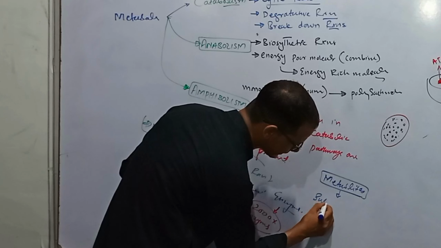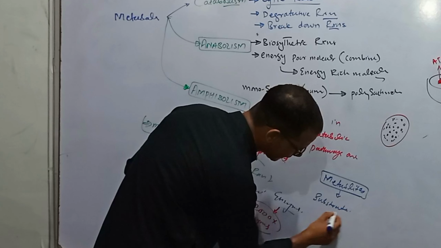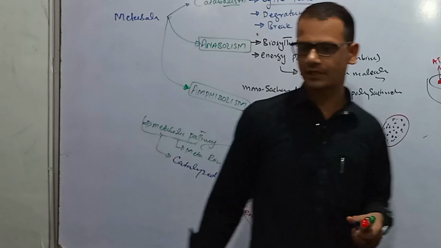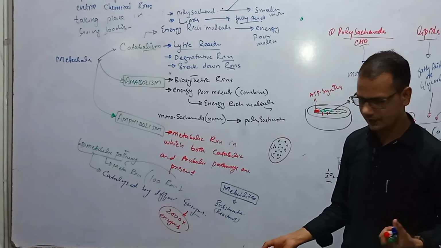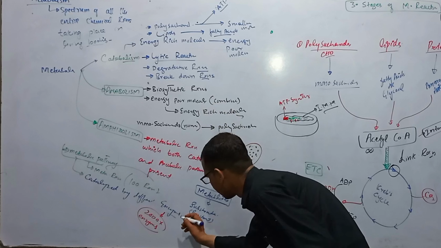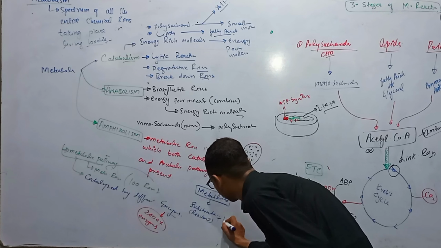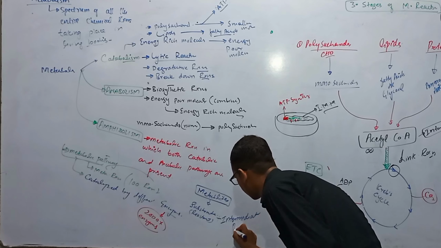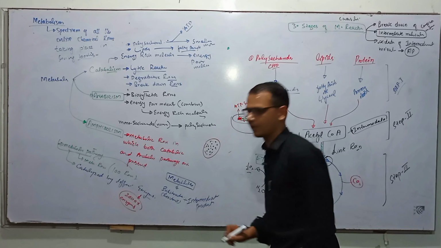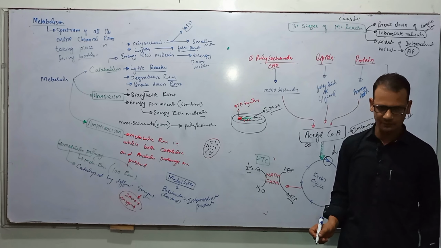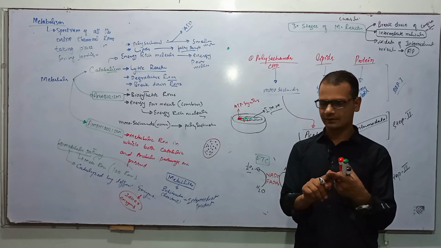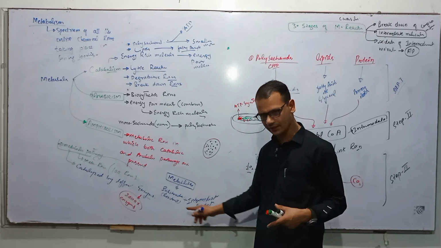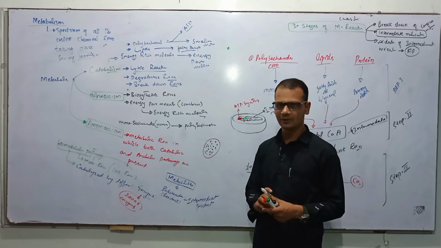Metabolites are the substrates. Substrates mean reactants. The substance which undergoes reaction in metabolism is called a metabolite, or the end products or the intermediate products. These are called metabolites. If we use the word metabolite, it shows the substrate or reactant in a metabolic pathway or an intermediate molecule in a metabolic pathway.